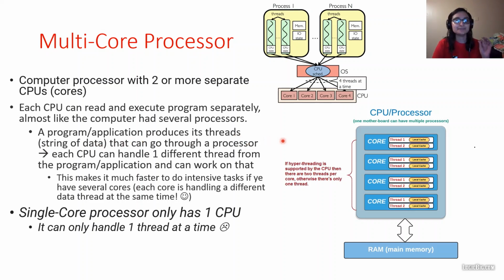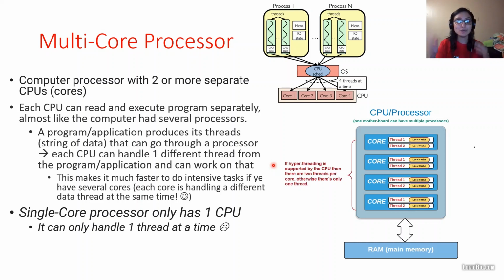Each CPU is able to handle one different thread from the program or application. So a program produces threads, like strings of data, and they go to a processor, and the processor allocates a different thread to each core, which is also called a CPU.